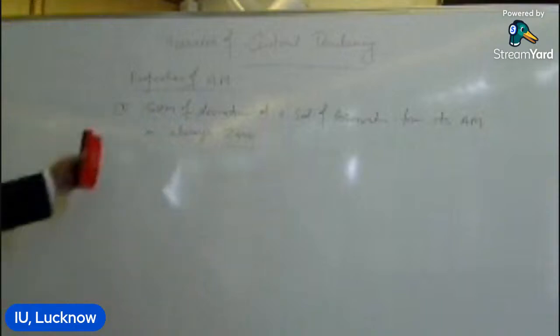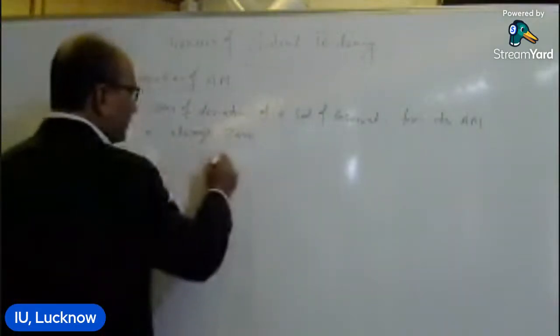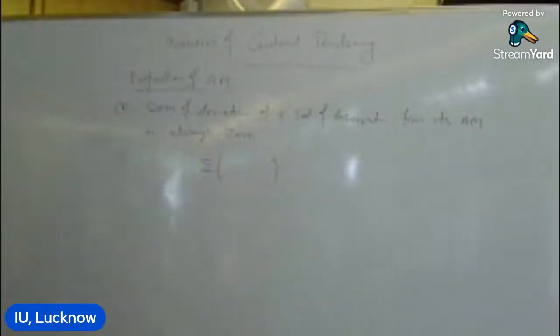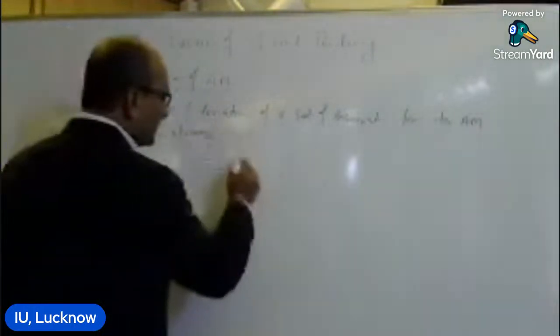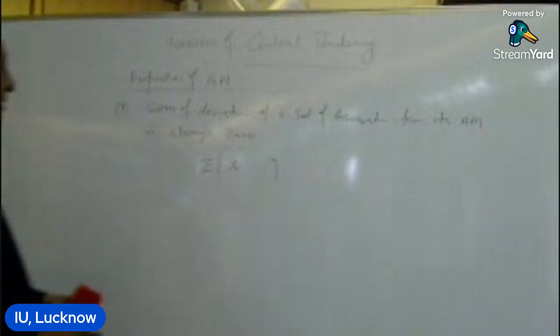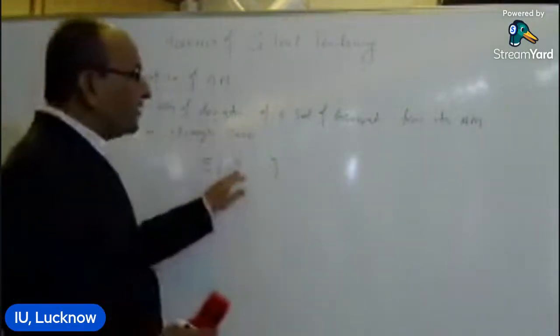Take just the sum of deviations of the observations from its arithmetic mean. Suppose we have the observations and they are denoted by x. So the sum of the deviations of this set of observations x from its arithmetic mean.